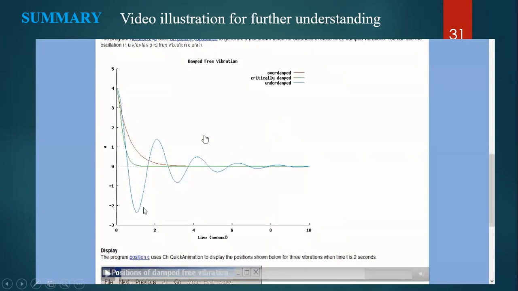But the red one goes down like this, and stops just after some time period. It stops immediately. So these plots illustrate the conditions of underdamped, critically damped, and overdamped cases very nicely.